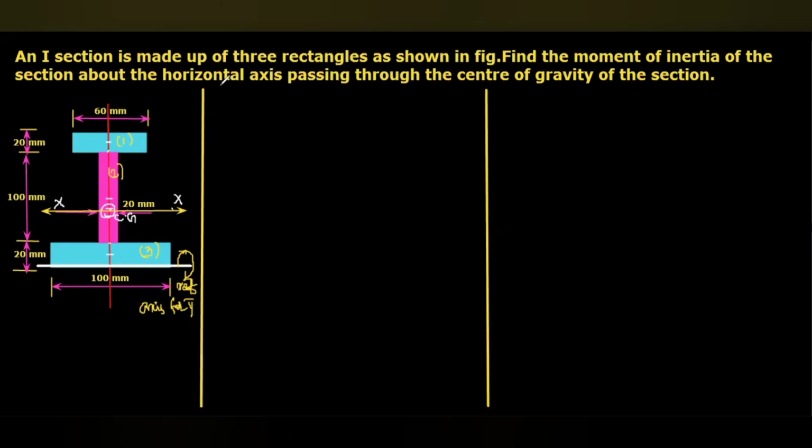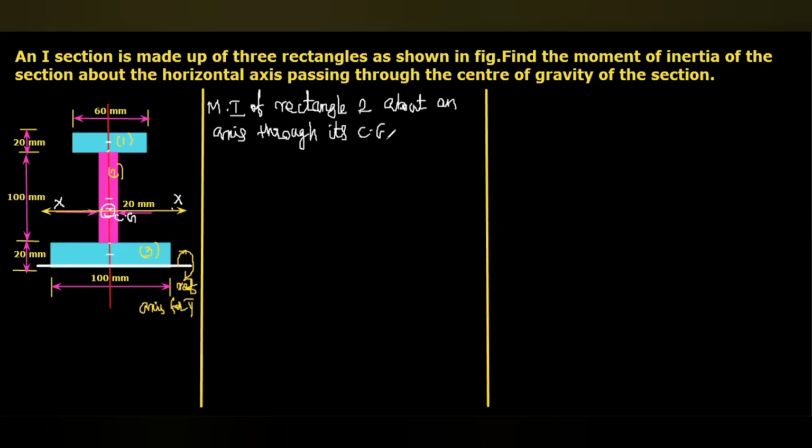Moment of inertia of rectangle 2 about an axis passes through its center of gravity, that is CG2. That means the moment of inertia with respect to an axis passing through its own center of gravity.